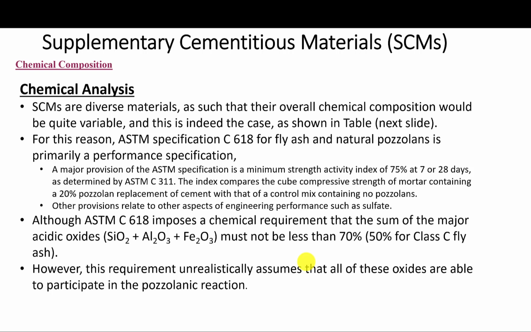Basically, the index compares the cube compressive strength of mortar containing 20% pozzolan replacement of the cement with that of the control mix containing no pozzolan, just pure Portland cement. We make mortar cubes and replace 20% with the pozzolan material we are interested in, and we make the cubes. And the performance is based on having a certain strength activity index of 75% at 7 and 28 days.